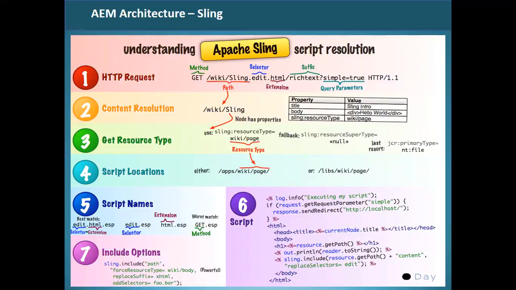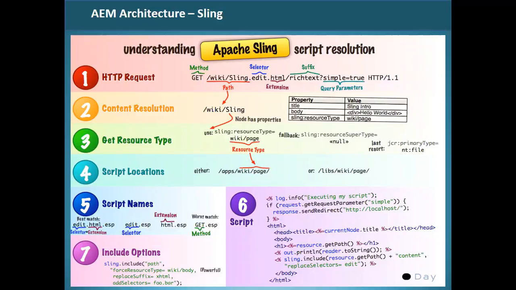In the content, it checks if the same path exists, like I showed in Paint, something like market, fruits, apple. The same way with wiki/sling, it checks whether that node structure is there or not. If it is, it goes to step number 2, content resolution, which resolves whether the content is available or not.